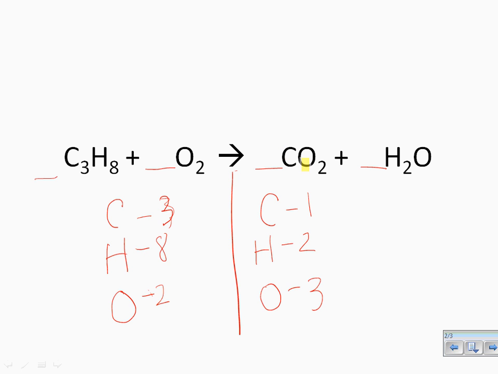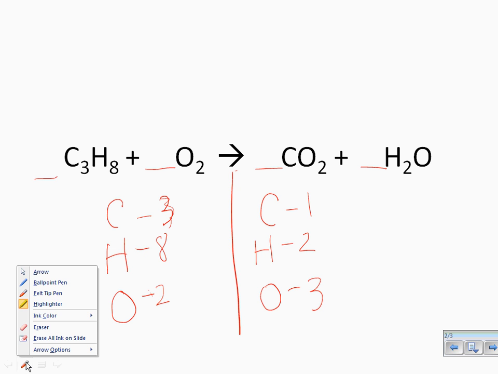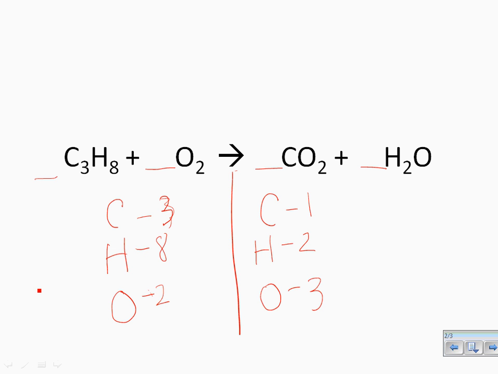So we cannot just add a coefficient to one of them and get to 6. All right. When I see an element in both products on one side, I tend to stay away from that one until the end because that one seems to me a little bit more difficult than the others. So I'm going to tackle carbon and hydrogen first.